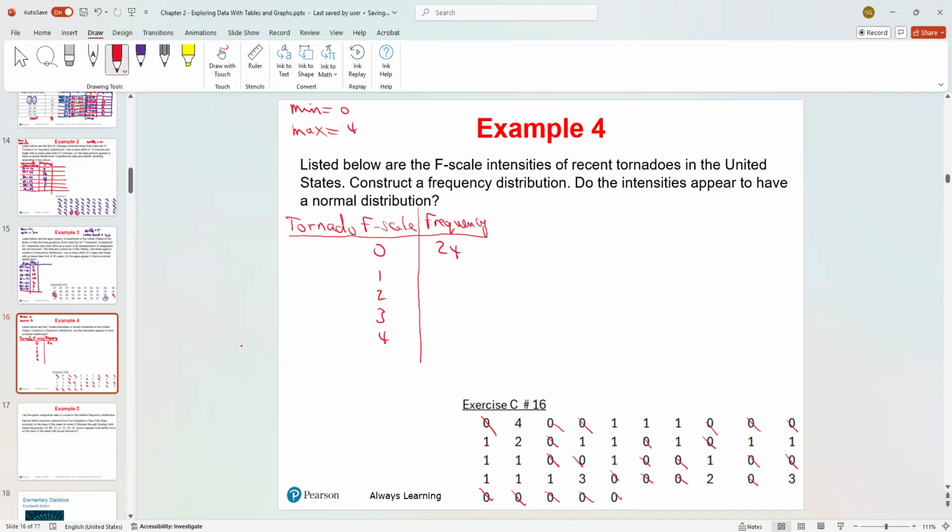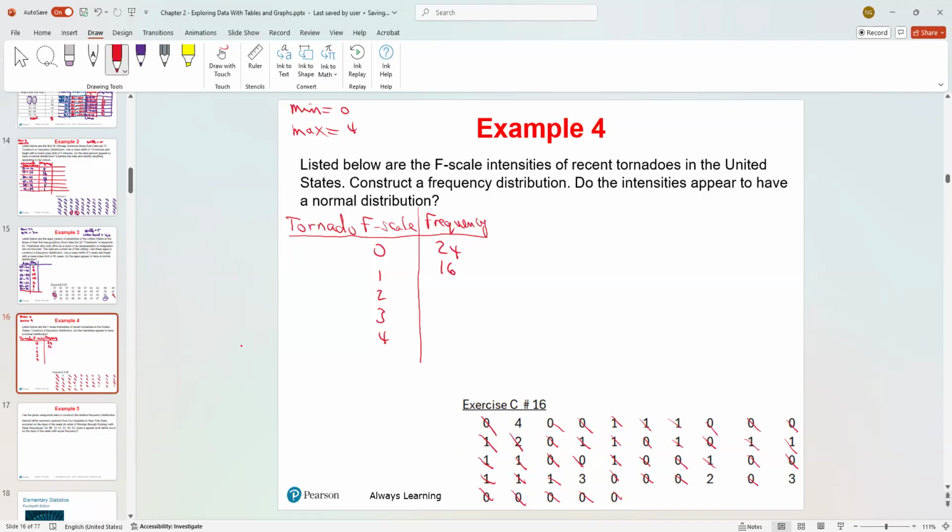And how many ones? 16 ones. And how many twos?